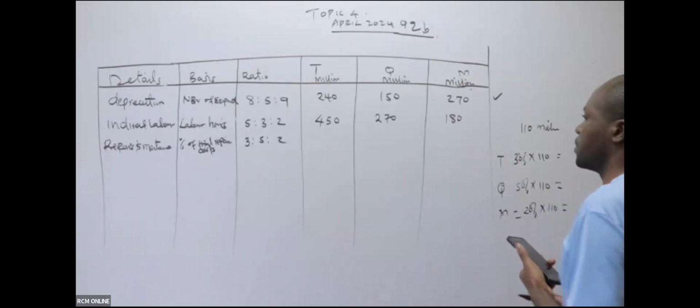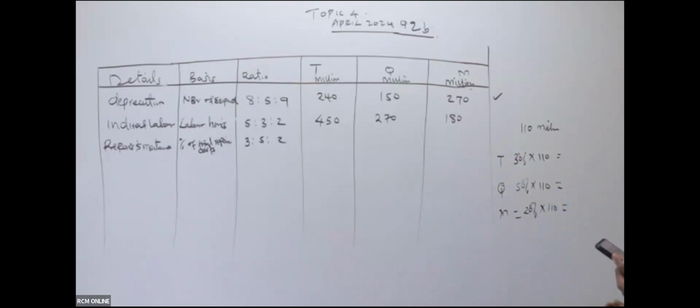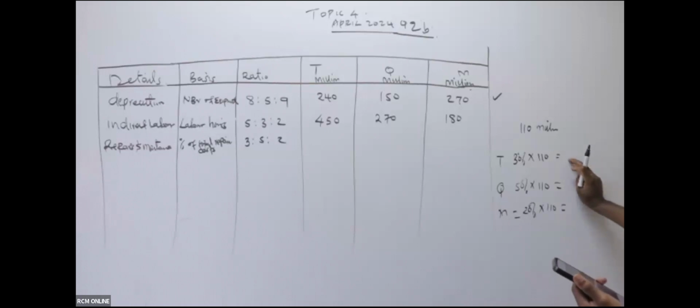So what are we getting? For the first department, what are we getting here? Let's start with the T.